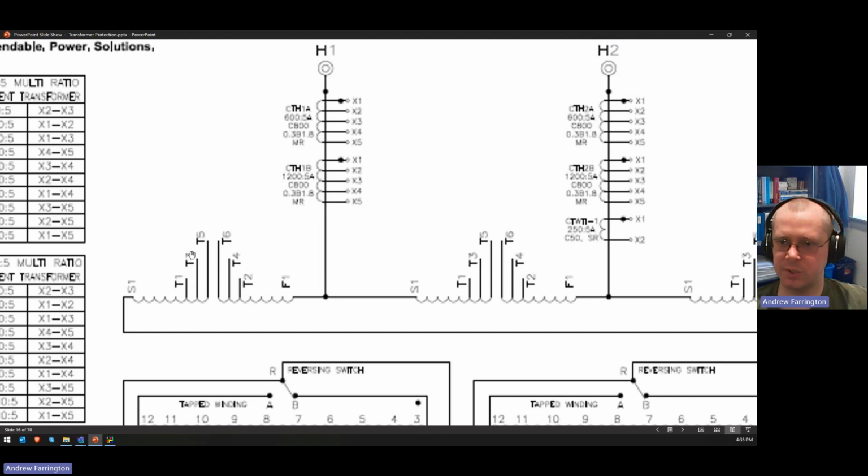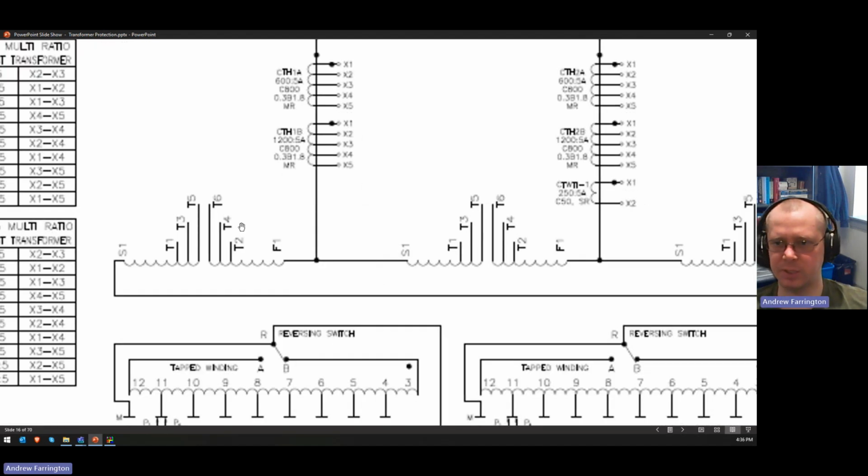What that's saying is that you can connect T5 to T6 or T3 to T4, which taps of those windings are connected in order to develop that no load tap changer position. So that's what that's referring to.